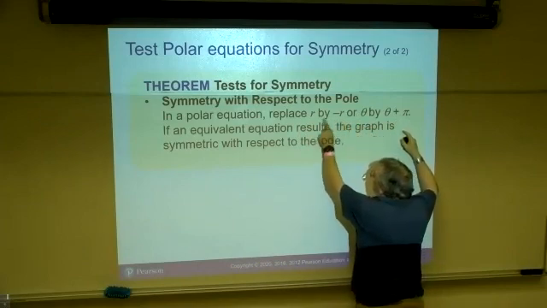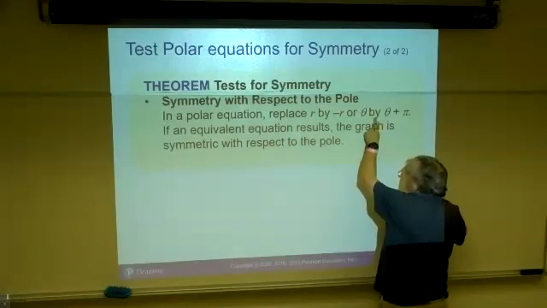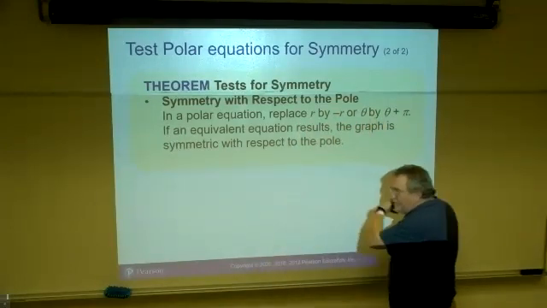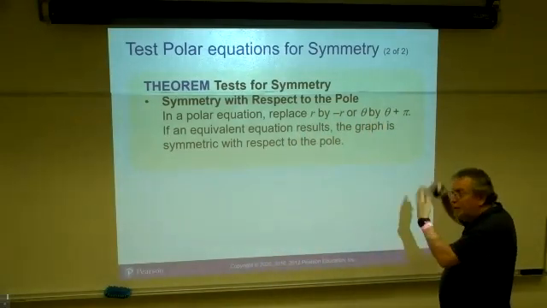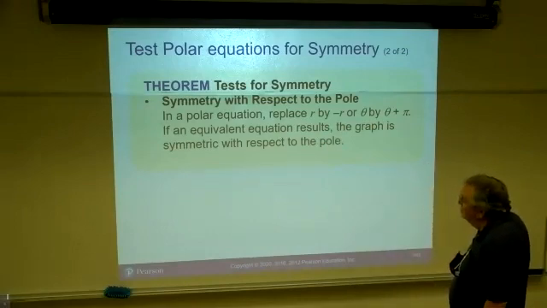If doing this one doesn't show symmetry, then you do this one, because one might show symmetry and the other one doesn't. Or they both might show symmetry, so you check both of them. Then it's going to be symmetric with respect to the pole.